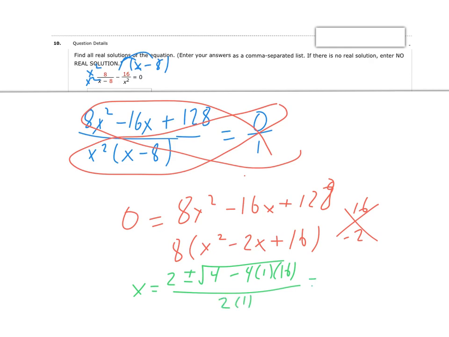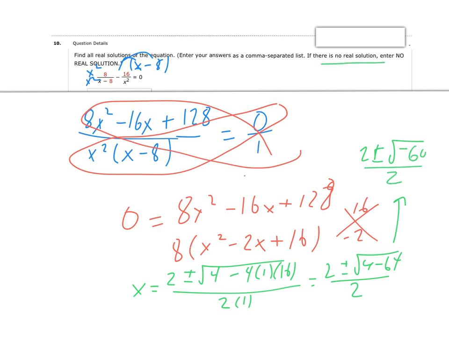Now inside the radical here, that's looking like it's going to be negative. Let's see, 4 times 16 is 64, so 4 minus 64. So that is 2 plus or minus the square root of negative 60 over 2. Now it says if there's no real solution, enter no real solution. And so this one will have an imaginary solution, but it's asking for a real solution. So I'm going to say no real solution.